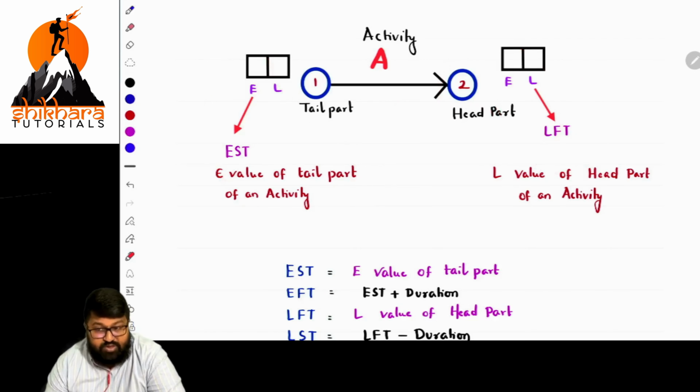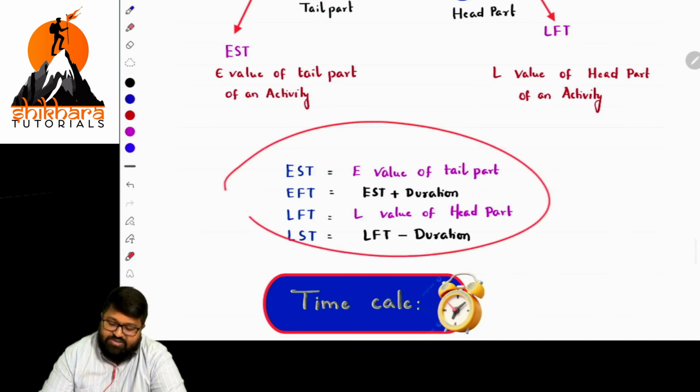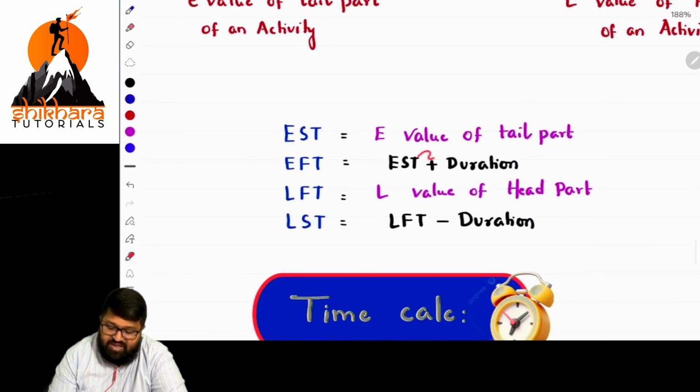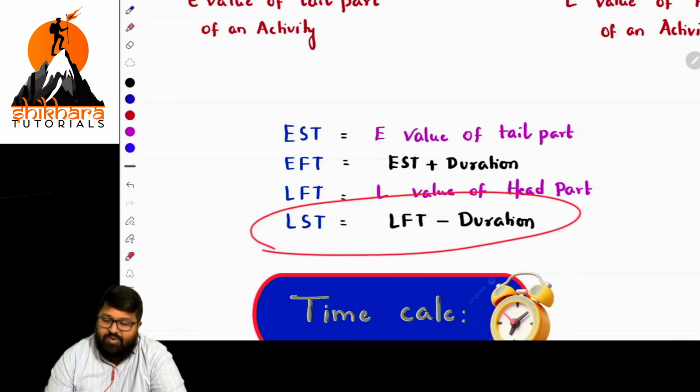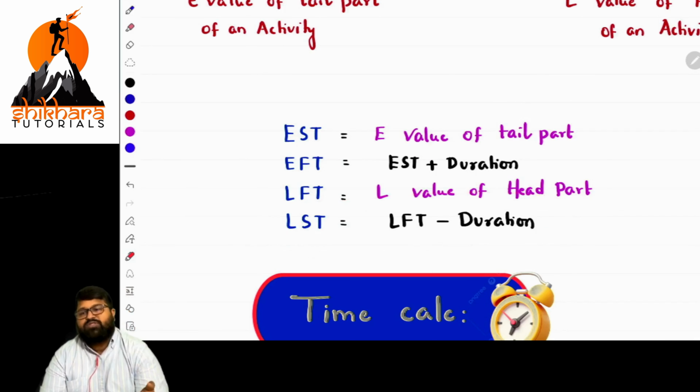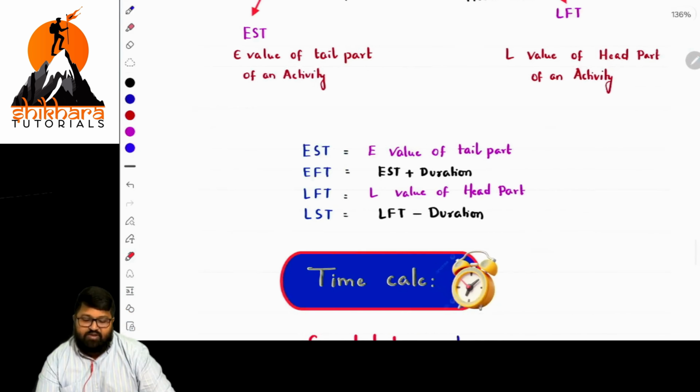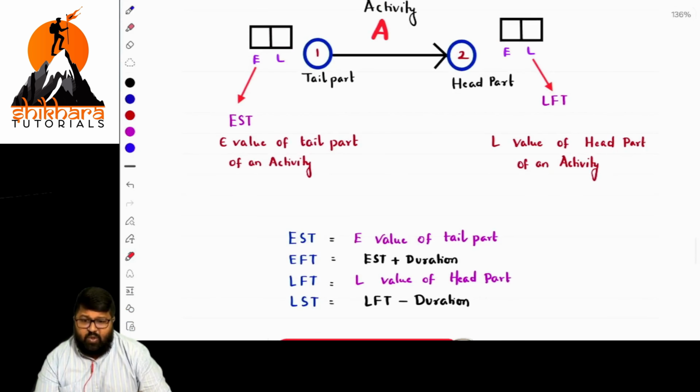That is the most important logic. And what are the next formulas? EST stands for E value of the tail part. EFT is nothing but EST plus duration. LFT stands for L value of the head part. Next, LST is LFT minus duration. Quite opposite to this we are doing that. Is it clear?